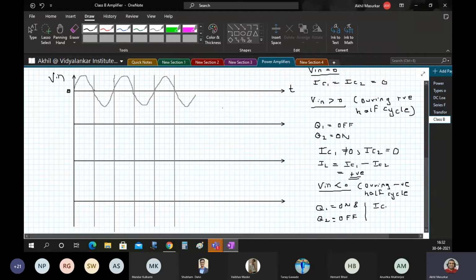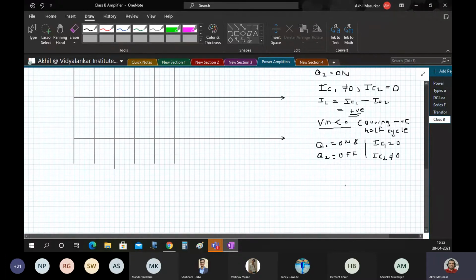Therefore, IC1 is equal to 0 and IC2 not equal to 0.